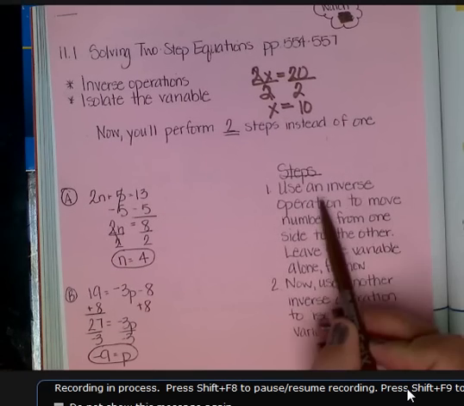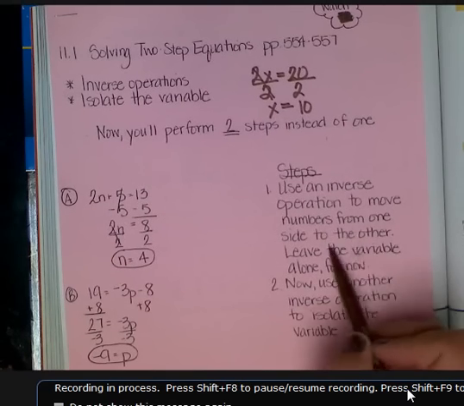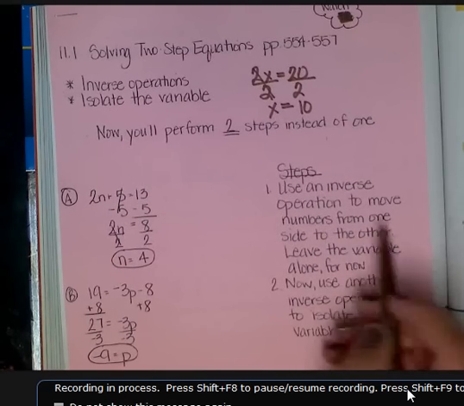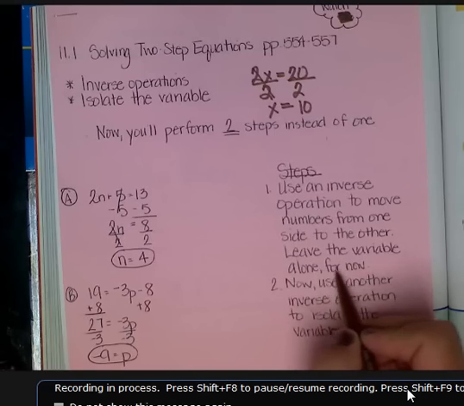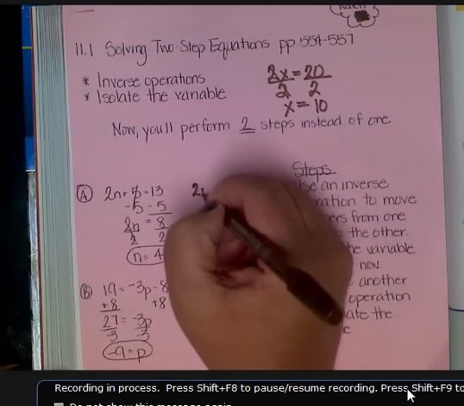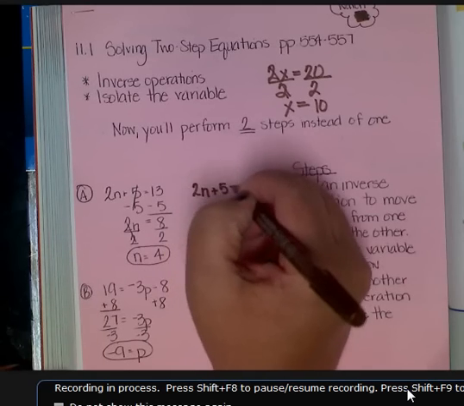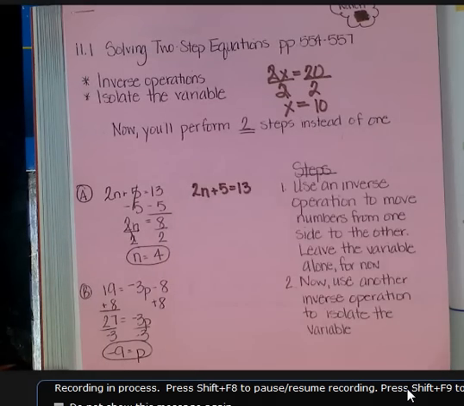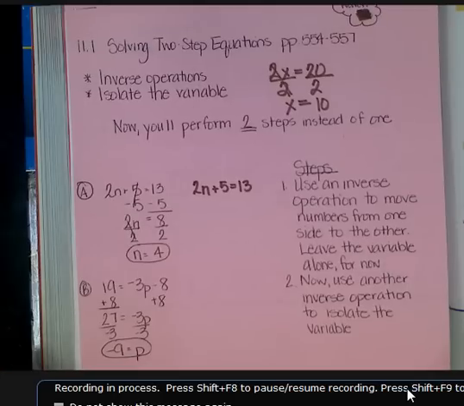So, right here for your steps, you're going to use an inverse operation to move numbers from one side to the other. And you're going to leave the variable alone for now. That's really important. So, when we look at this problem, 2n plus 5 is equal to 13, we might get stuck and think, well, do I move the 2n first or do I move the 5 first?